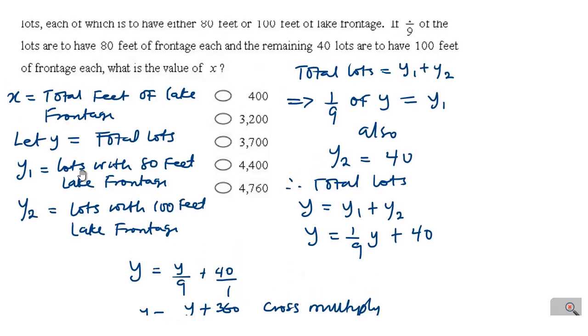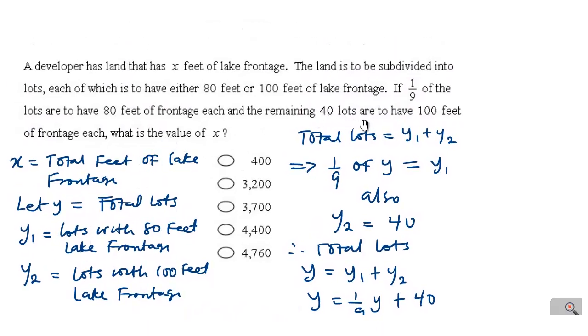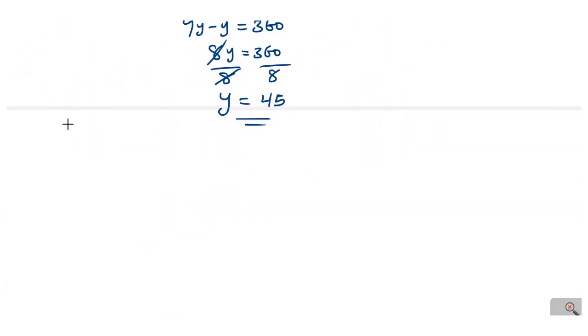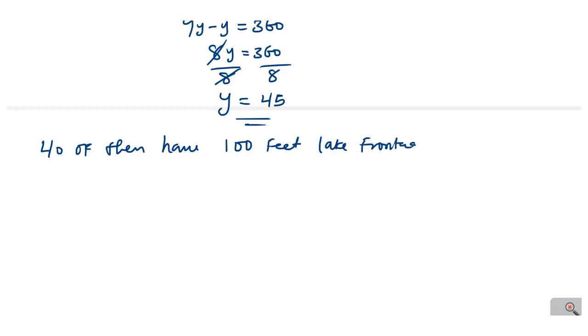Since the total is 45 and 40 of them have 100 feet of lake frontage, it implies that 40 times 100 gives us 4,000 feet of lake frontage.